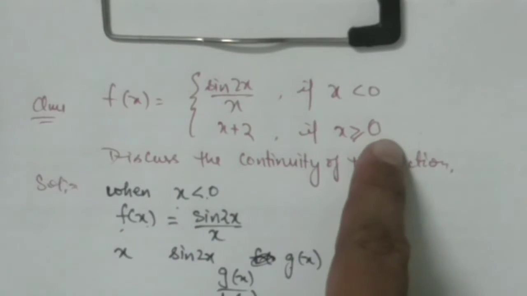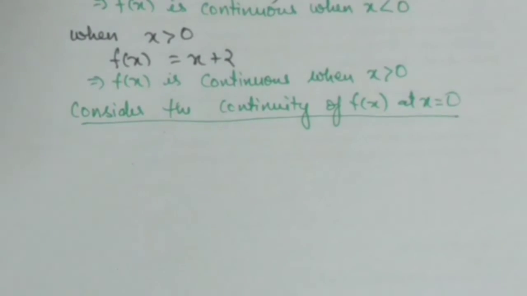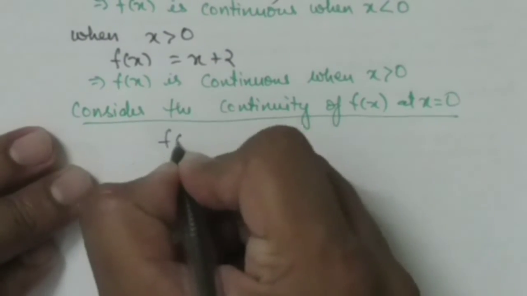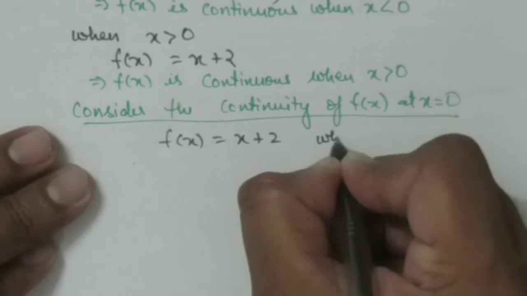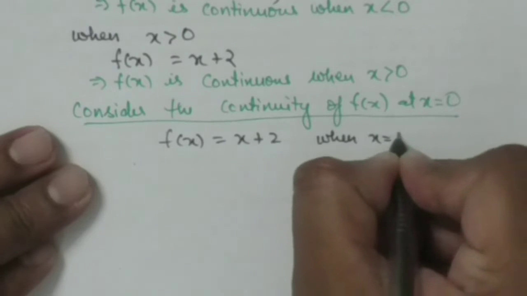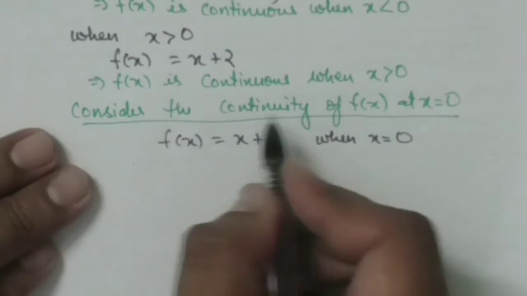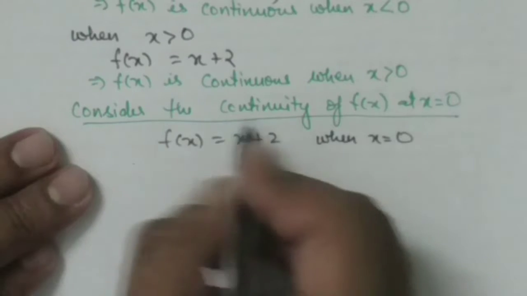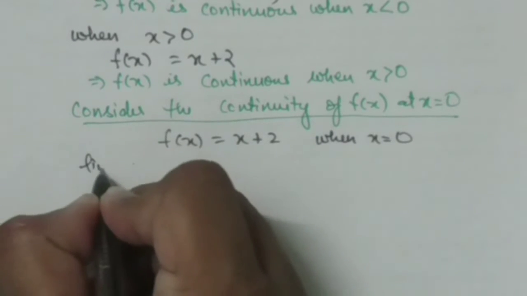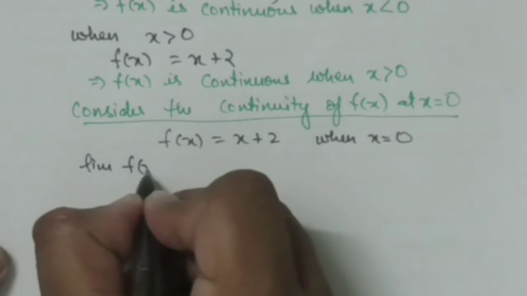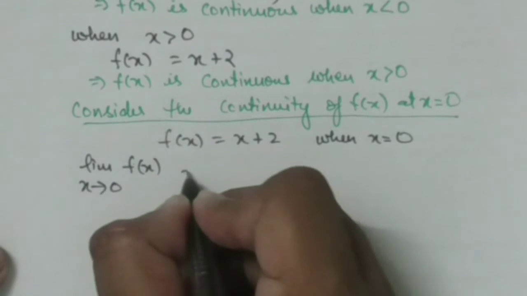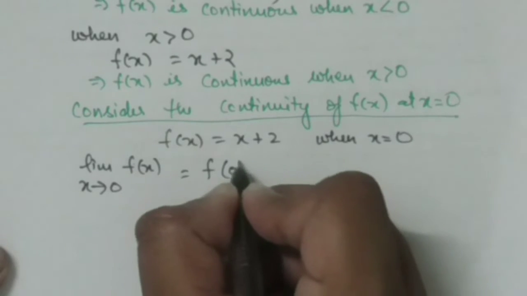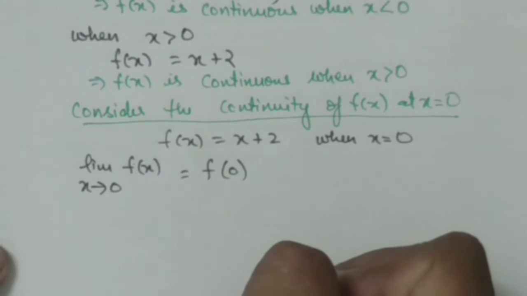When x is equal to 0, f(x) is equal to x plus 2. So this function f(x) will be continuous at x is equal to 0 when the limit of f(x) as x tends to 0 is equal to f(0), right?